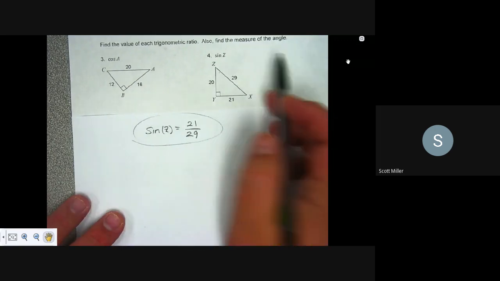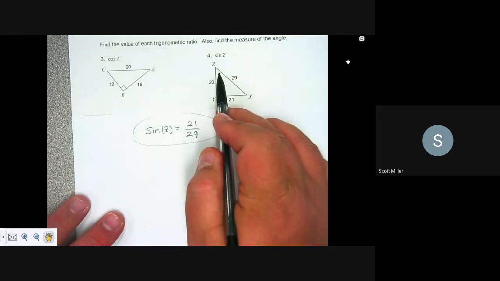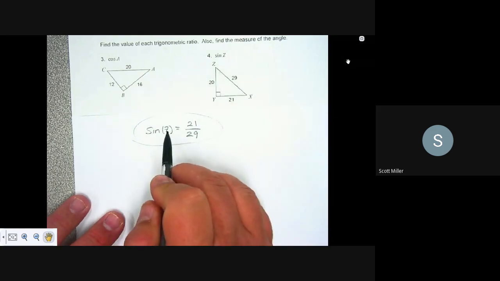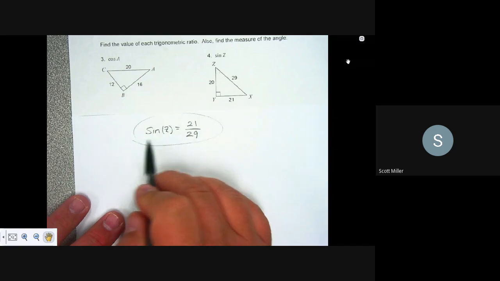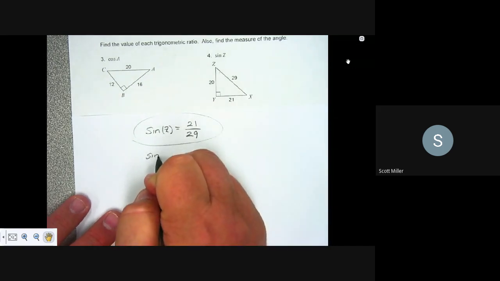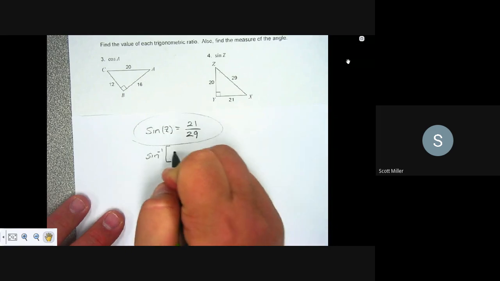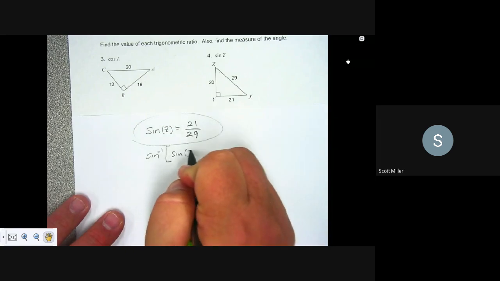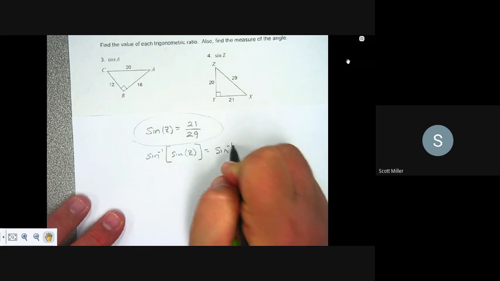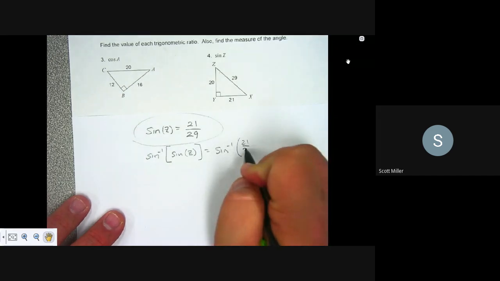Now they ask us to find the measurement of angle Z. So from this right here, I need to get to this angle, so I have to try and undo a sine. This is where I showed you that thing before. So you're going to write it as the sine inverse of the sine of Z equals the sine inverse of 21 over 29.